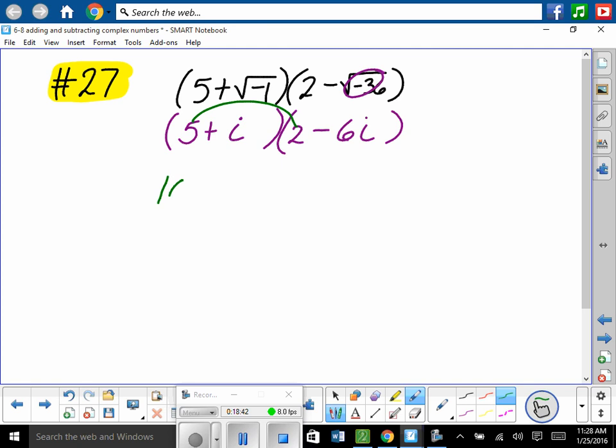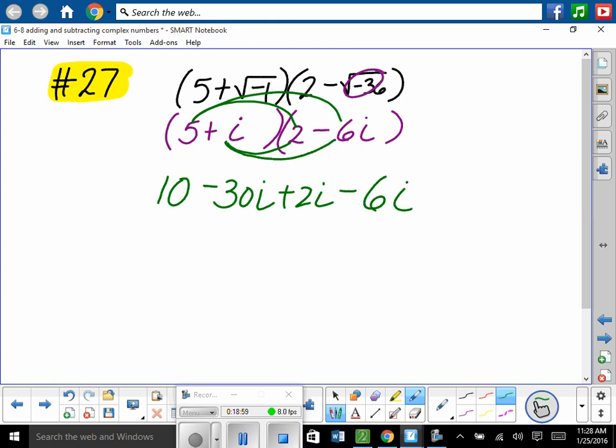5 times 2 is positive 10. 5 times negative 6i is negative 30i. A lot of you are just messing up on this. i times 2 is positive 2i. i times negative 6i is negative 6. Don't forget i times i is i squared. So really, I have 10 minus, I'm going to add those up, and what do you get? 32.